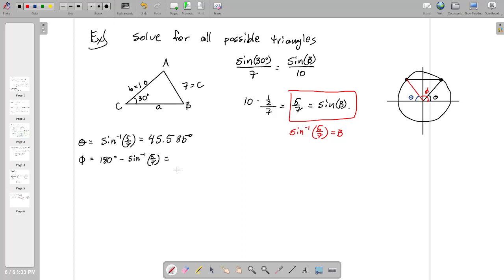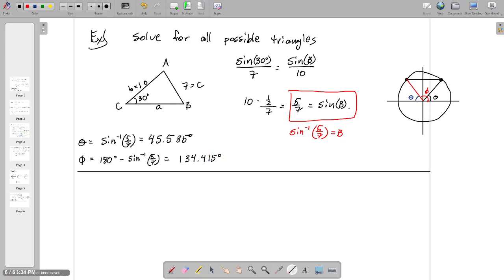Now, it might be the case that this angle is not possible. We'll see if that's the case in a second. So 180 degrees minus 45.585 degrees will be 134.415 degrees. Okay. Notice that this is a possible angle for a triangle because it's less than 180 degrees.